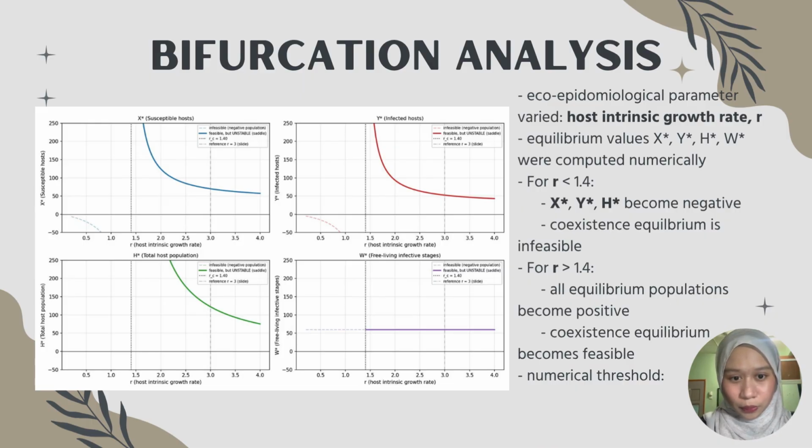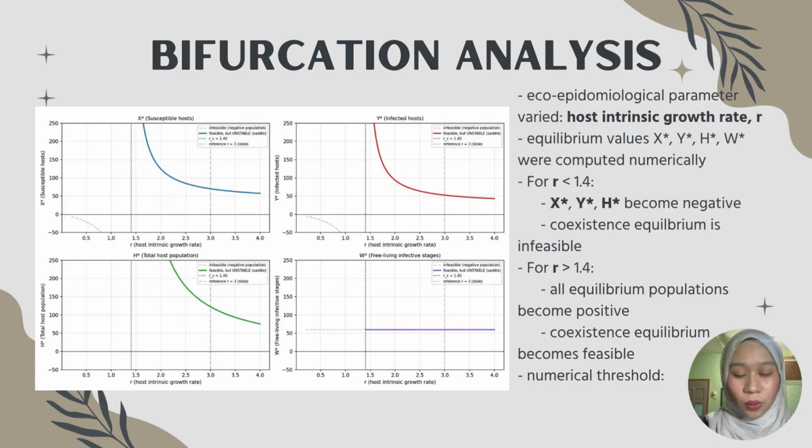For the numerical approach, we varied the eco-epidemiological parameter, which is the host intrinsic growth rate R, and observed how each equilibrium changes. The four panels show the equilibrium values of susceptible host X star, infected host Y star, total host H star, and free-living infective stages W star.